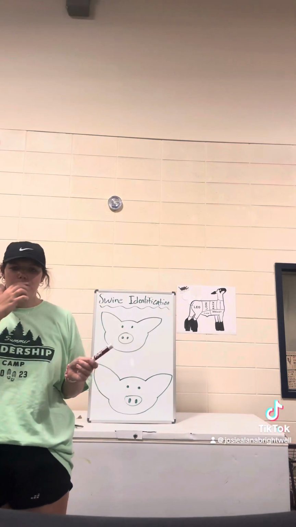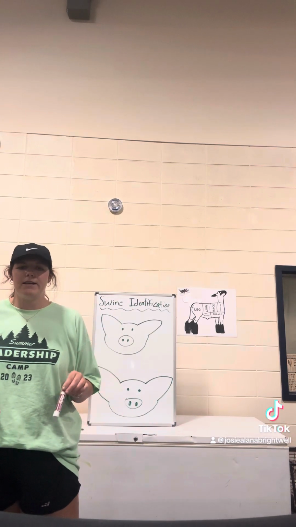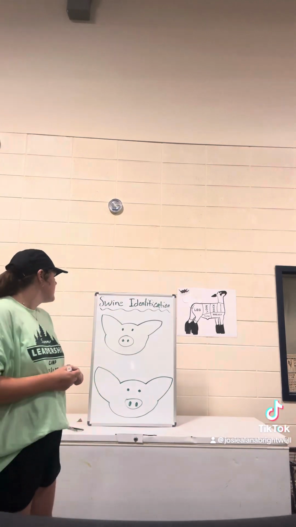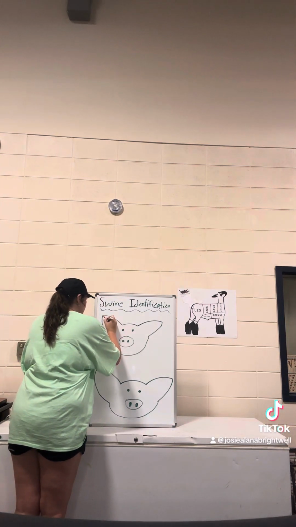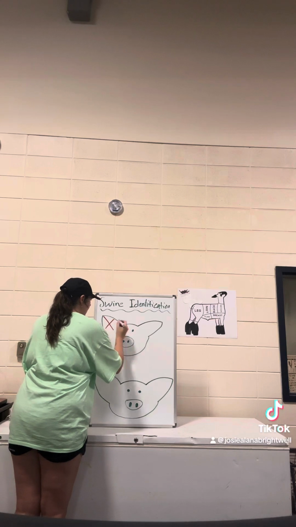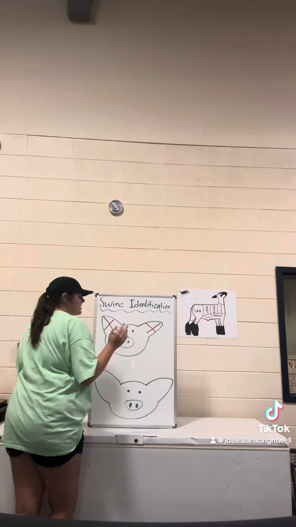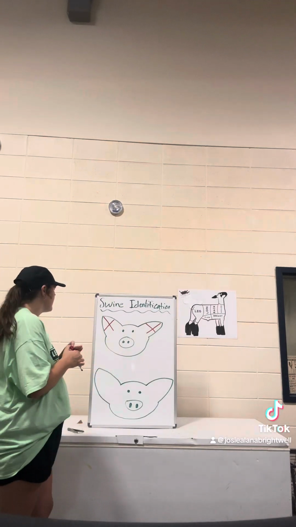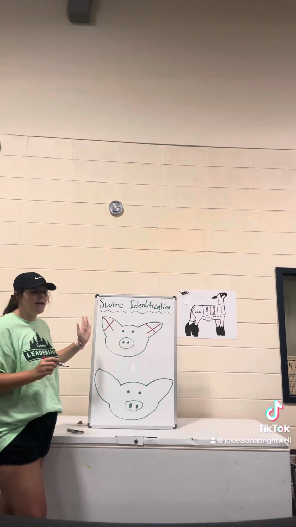So yesterday we learned the values, which ear meant what, but we're going to go back over that before we actually start practicing our notches. If we remember correctly, our ears are split up into 4 quadrants, like I'm drawing on the board. Each quadrant has its own value. So this ear right here, looking at the board, would be the left ear.